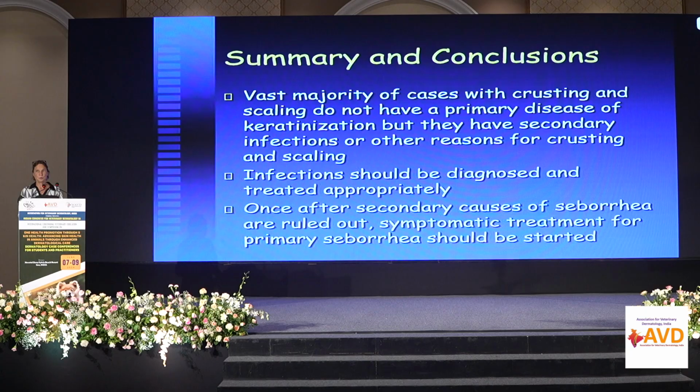At that point, you can decide whether you're truly dealing with a disease of keratinization or whether you have another underlying cause, knowing that the infections are always secondary. If you are dealing with a disease of primary keratinization, because there's still crusting and scaling after the infections are gone, then the next step is the biopsy so that you have an answer on what it is.